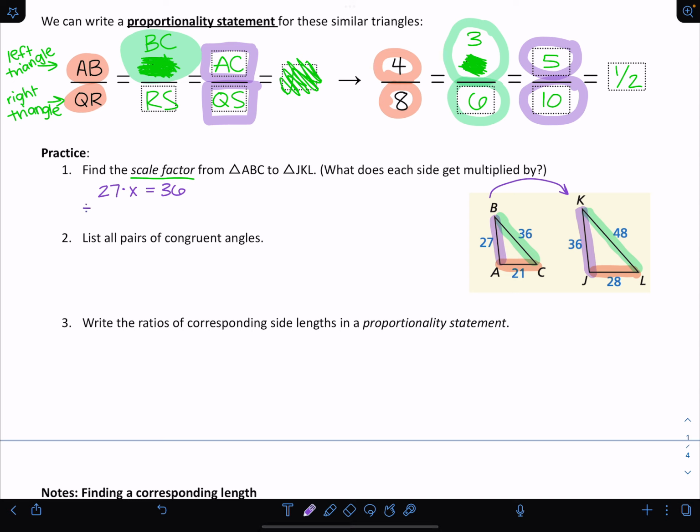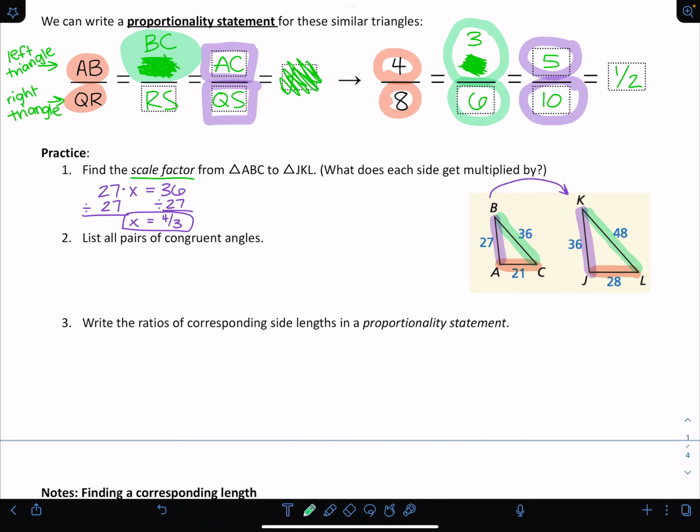We can get x by itself by dividing by 27 on both sides. And you'll get x equals, let me punch it on my calculator. My computer's not waking up. Here we go. 36 divided by 27 is 4/3. So our scale factor is 4/3.